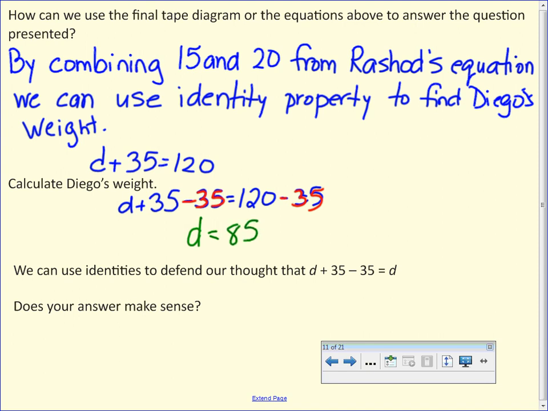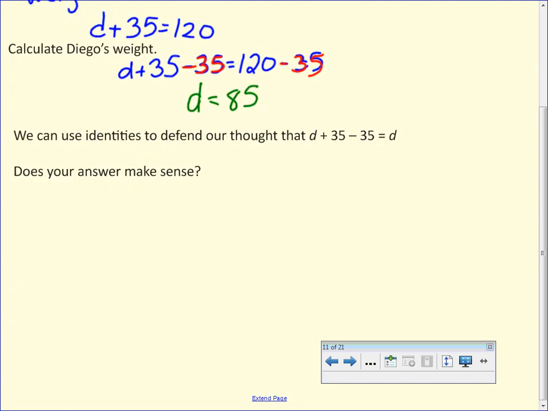So our identities defend our thought that D plus 35 minus 35 equals D. So does our answer make sense? If we go back and plug in 85 for D, will it work? Yes.